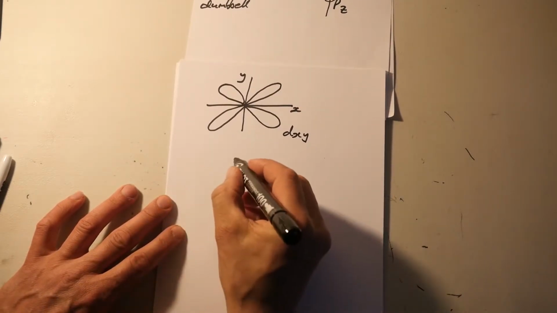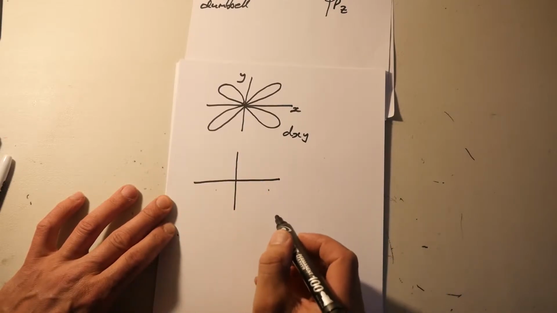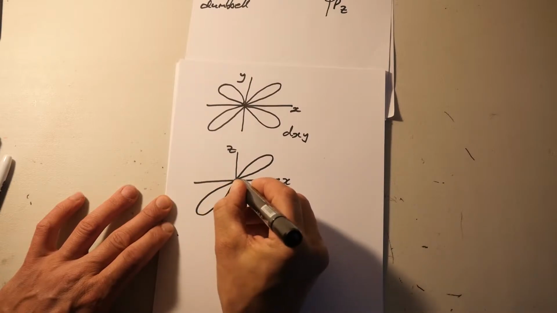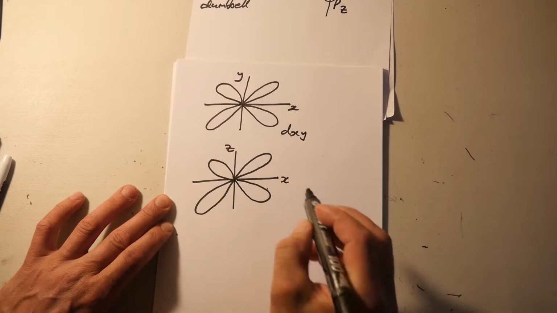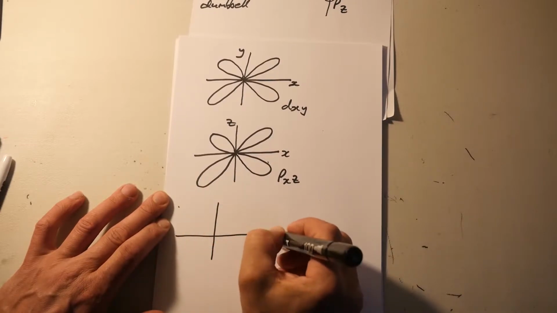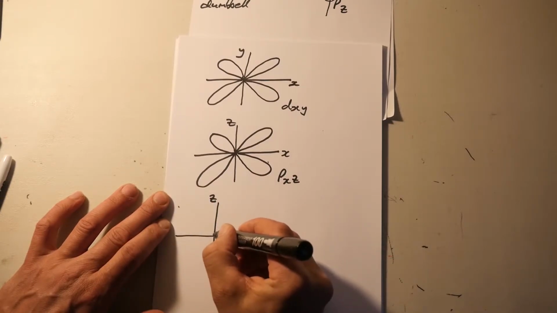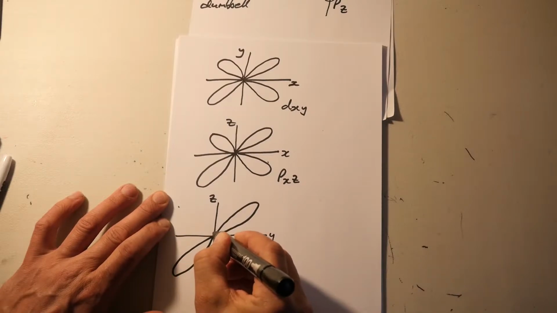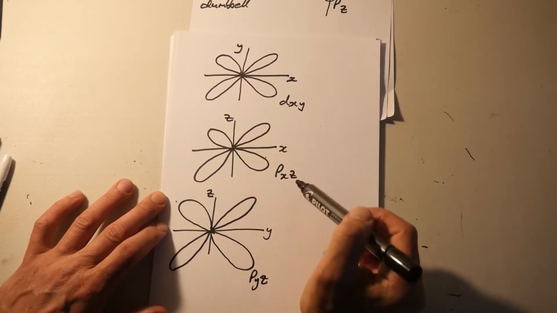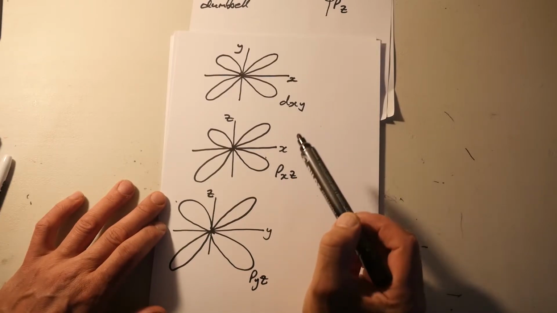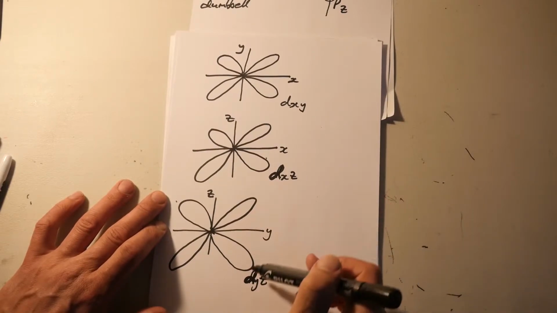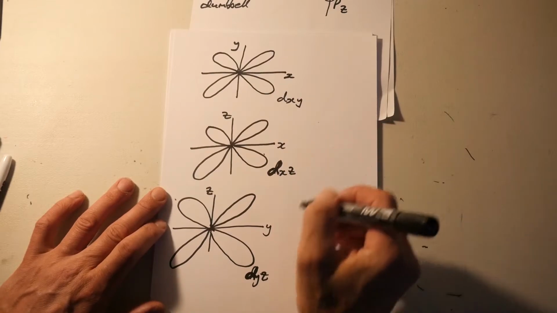And then you've got X, Z, that's dxz, and then you've got YZ, that's dyz. I wrote P there, but that should be D, not P. So dxy, dxz, dyz.